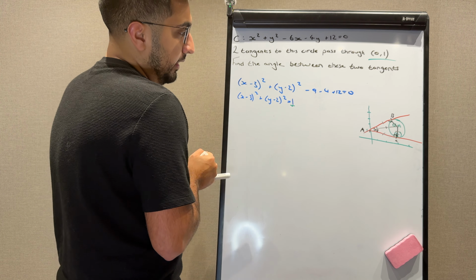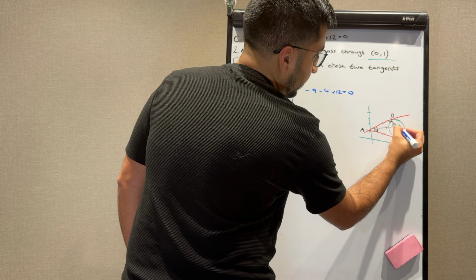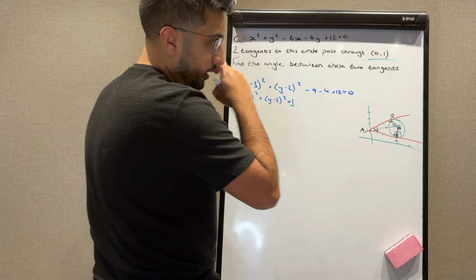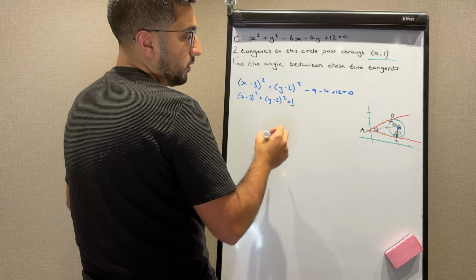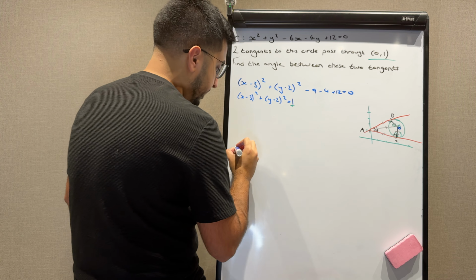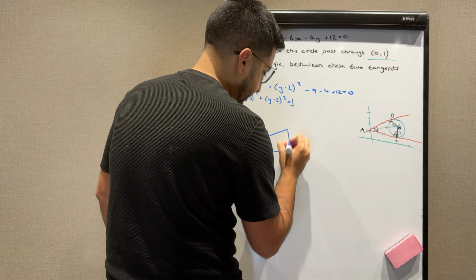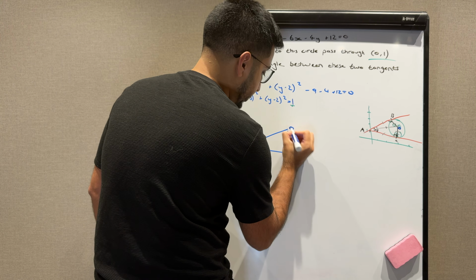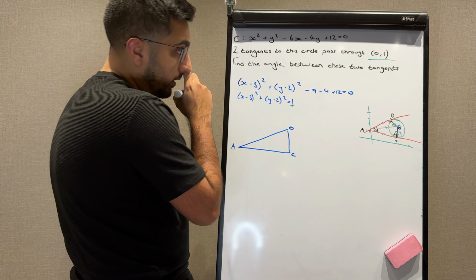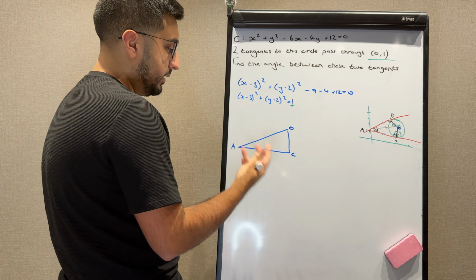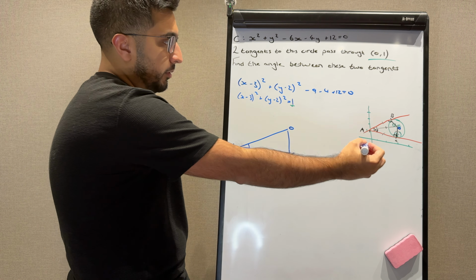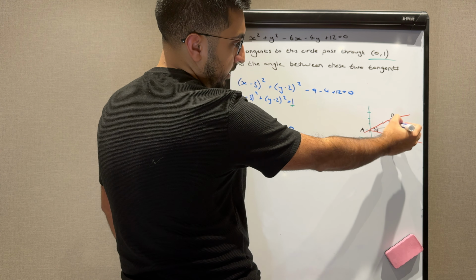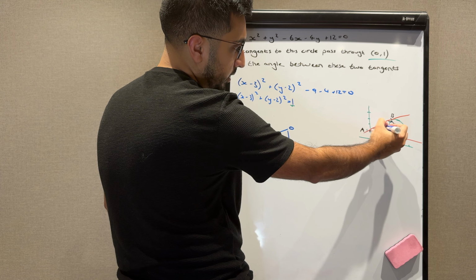Now I will scale that up because I'm going to draw the triangle. We'll call this O because it's the center. So we'll draw the triangle AOC. This is kind of easy because if these are similar triangles, this angle is this angle, meaning these two angles are the same.